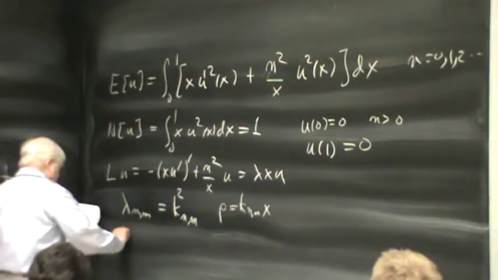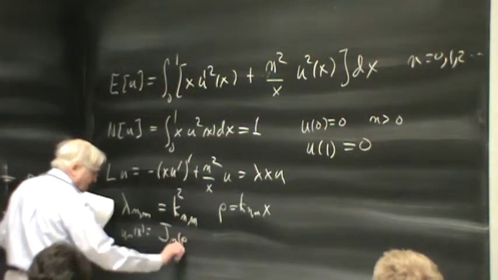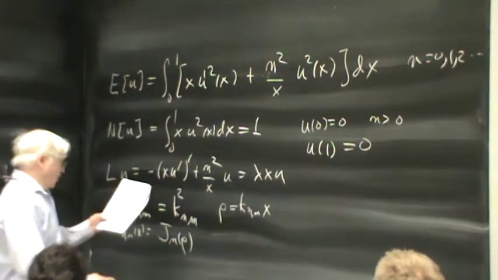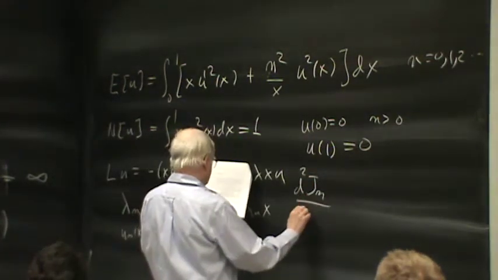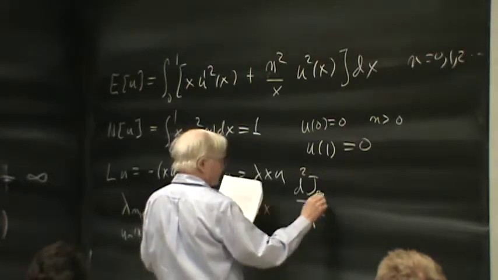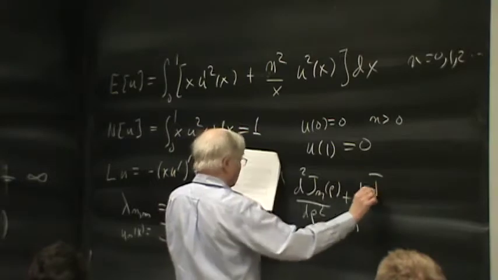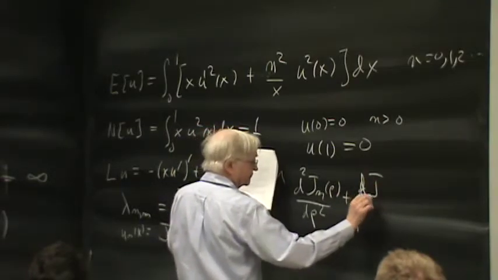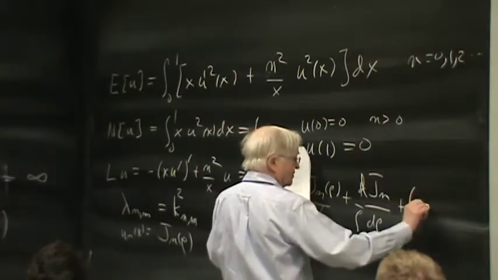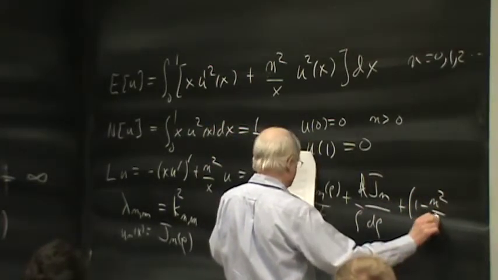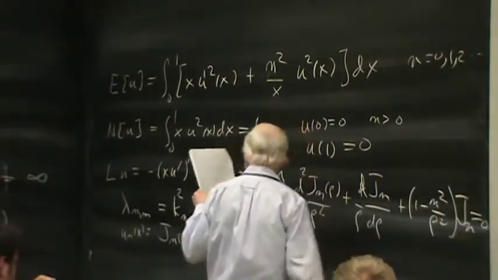You set u_n of x equal to J_n of rho, and then the equation is d2 J_n d rho squared plus 1 over rho dJ_n d rho plus (1 minus n squared over rho squared) J_n equals 0.